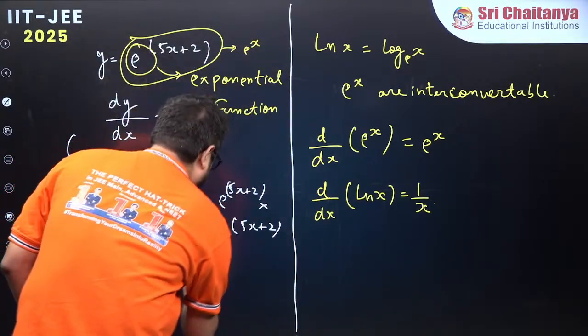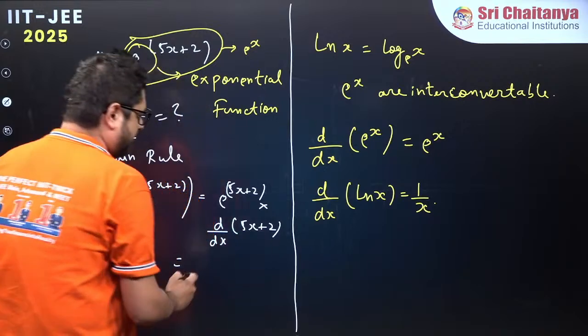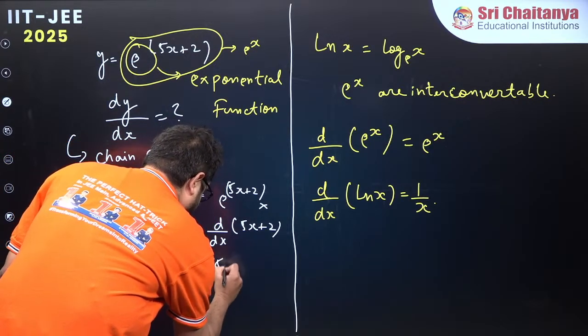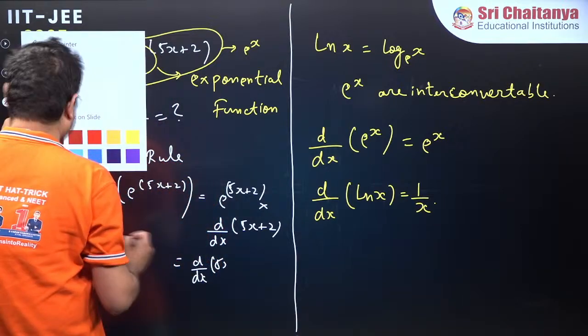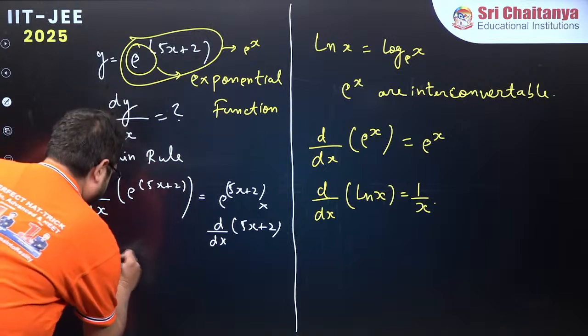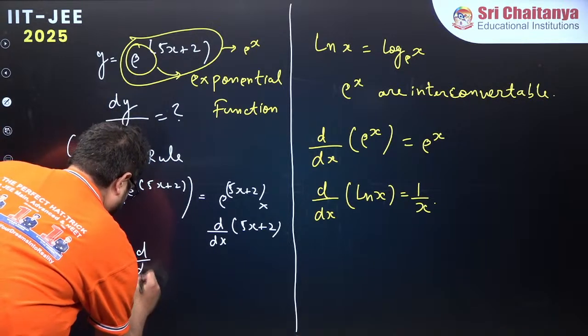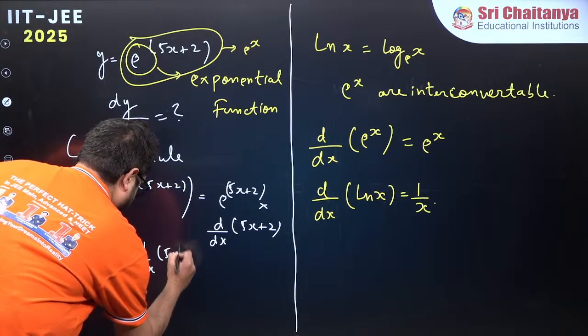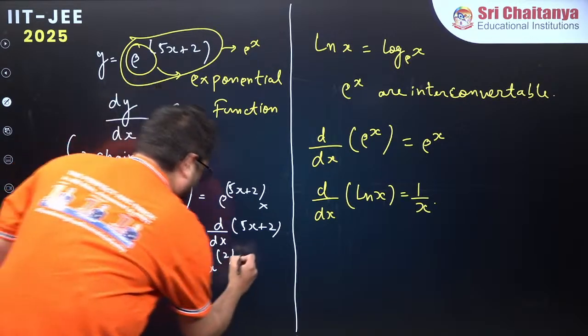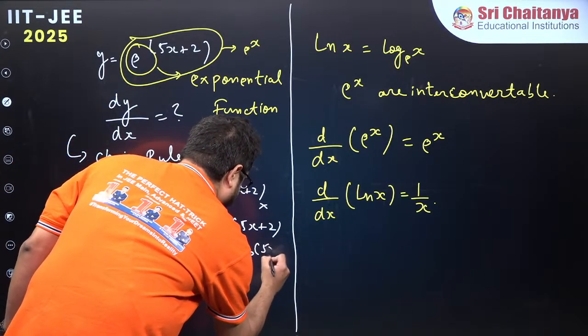It's going to be d by dx of 5x plus d by dx of 2, into e to the power 5x plus 2.